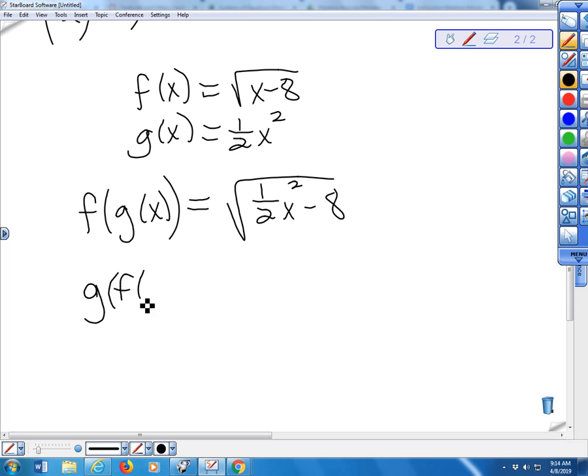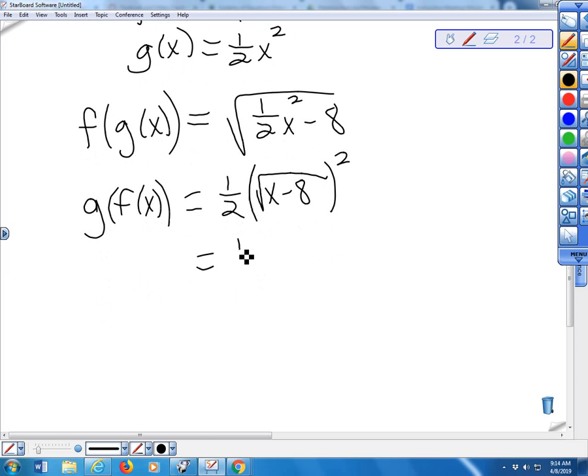It would be 1/2 times the square root of x minus 8, squared. The square and the square root cancel, which is 1/2 times x minus 8, right?